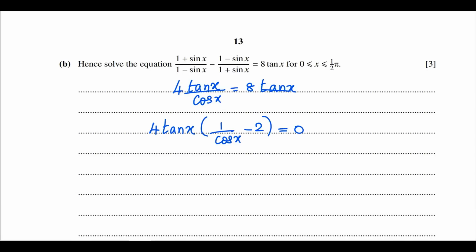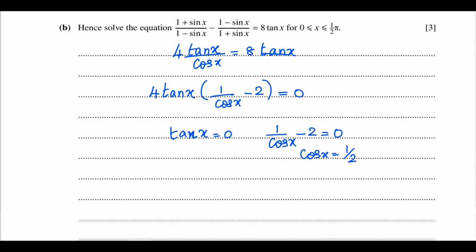So tan x equal to 0 or 1 over cos x − 2 equal to 0. So that means cos x equal to 1 over 2. So x equal to tan inverse of 0, which is nothing but 0.